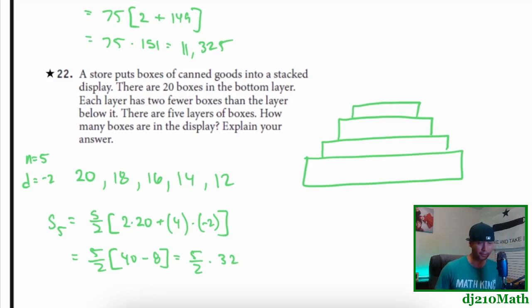So half of 32 divided by 2 times 5. So half of 32 is 16. So 5 times 16. 5 times 6 is 30. Carry the 3. 80. So there are 80 boxes total.